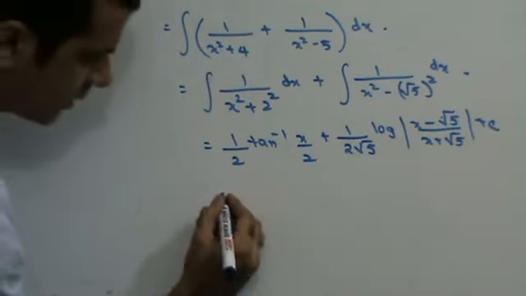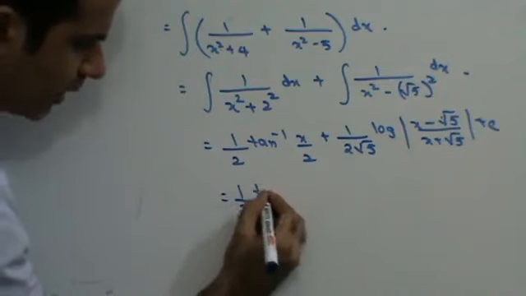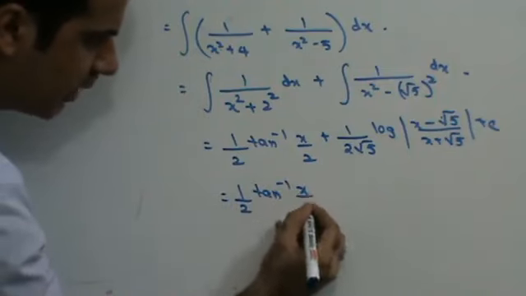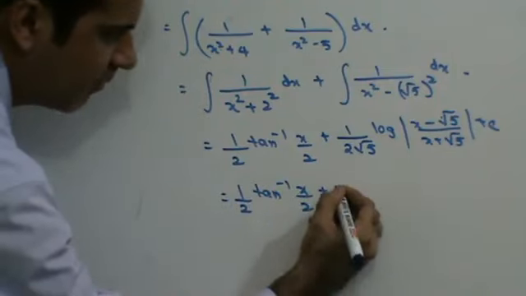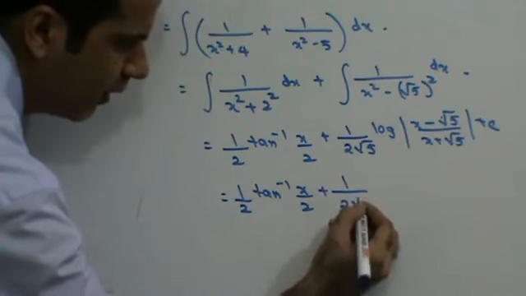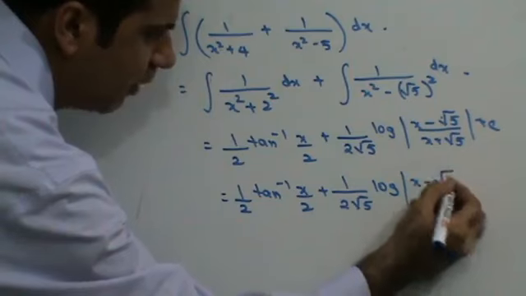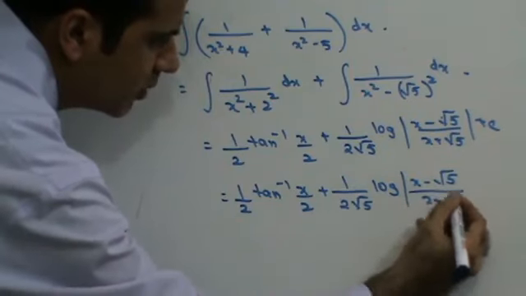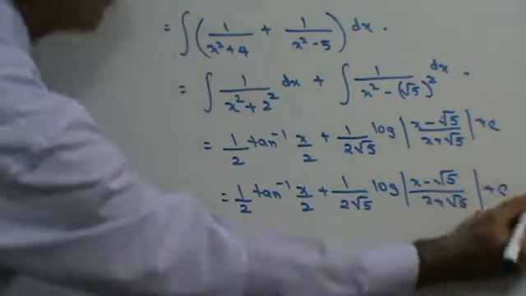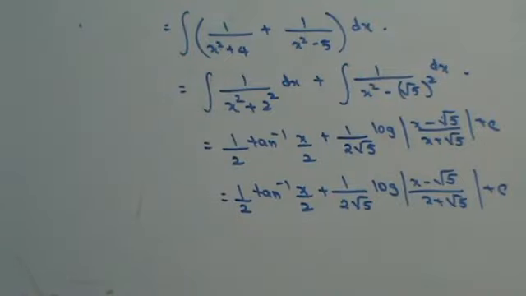So your final answer is going to be 1 upon 2 tan inverse of x by 2 plus same formula, 1 upon 2 root 5, same thing here is going to be log mod x minus root 5 upon x plus root 5 plus c. Right? Let's move on to the next sum, guys.